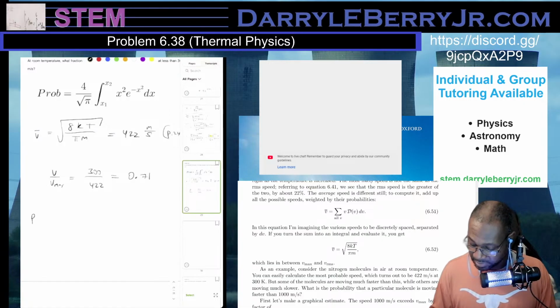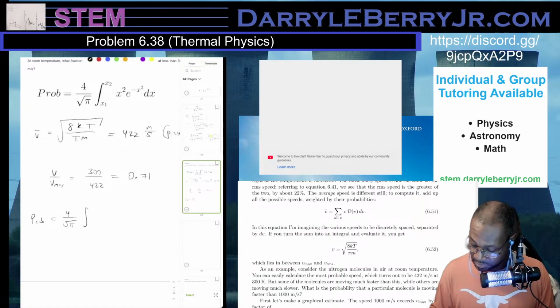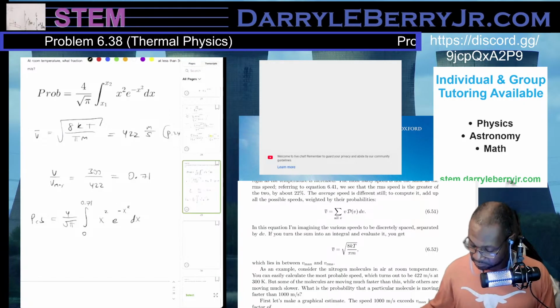So that means the probability is going to be 4 over the square root of pi, from 0 to 0.71, x squared e to the negative x squared dx.